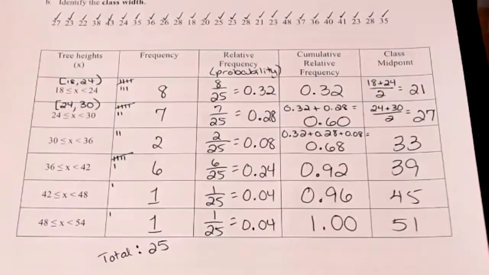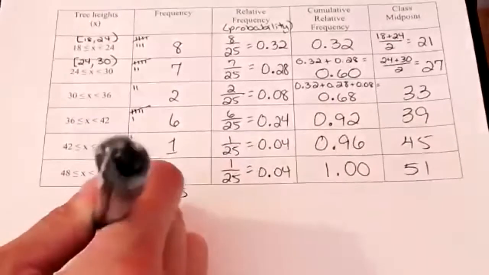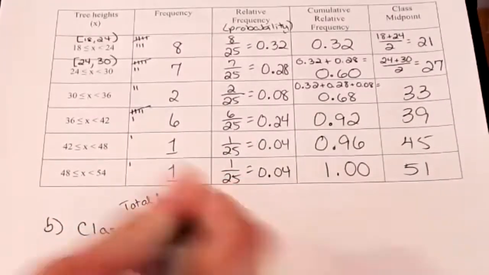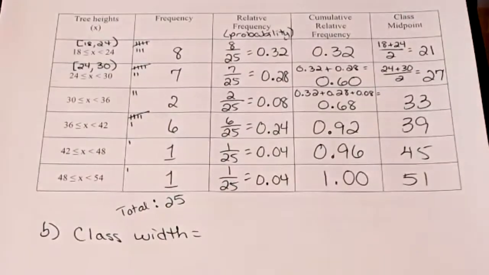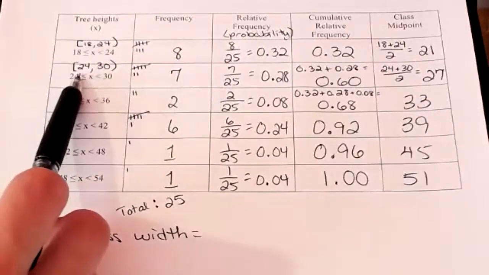For part B, we want to identify the class width. So I'm going to write B down here, and I'm going to write class width is equal to, recall our formula. What I mentioned to you was taking the lower limit of the second class and subtracting the lower limit of the first class. In each class, you see a lower limit and an upper.